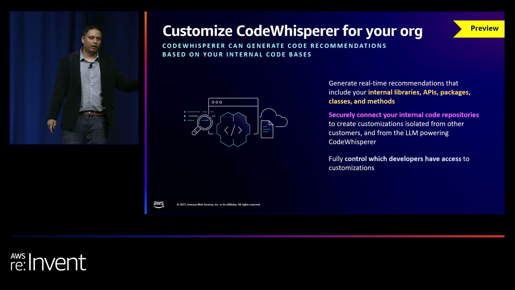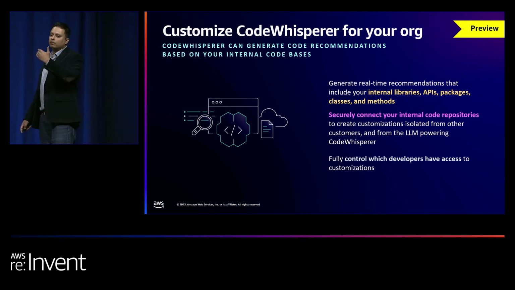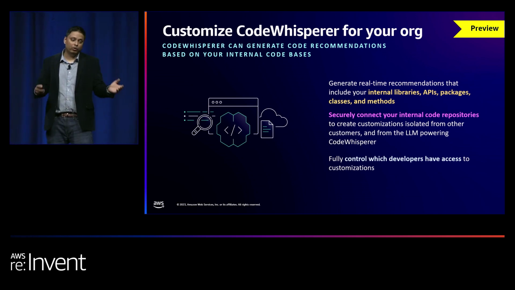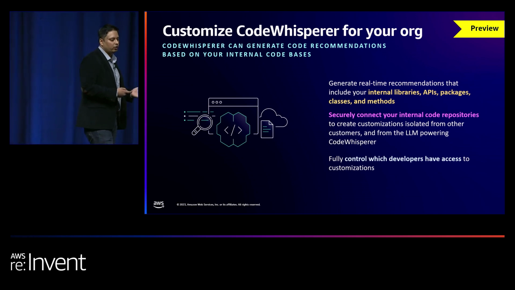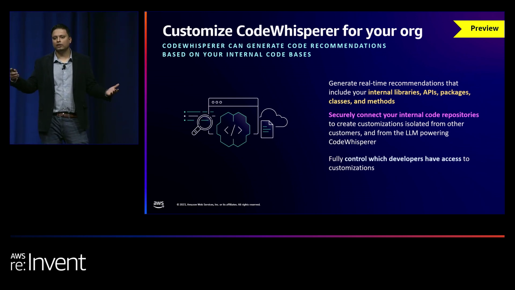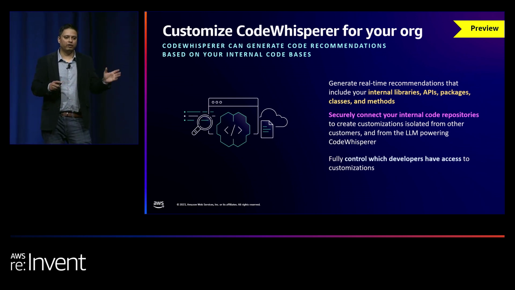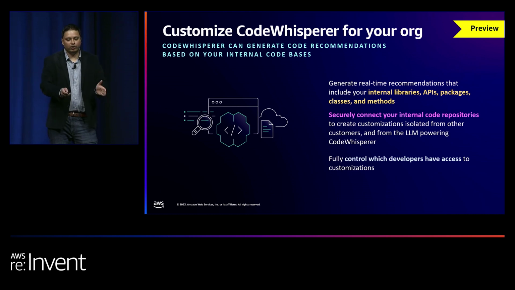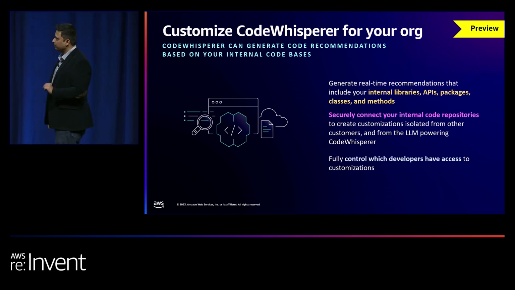You have JavaScript libraries that actually define how your UI should look. Or maybe you have data processing libraries internally. So you don't want to rewrite those things, or you don't want to accept something that comes from open source. That is how it is done publicly, right? You want something that looks very unique to your company. That is what customizing CodeWhisperer can get for you, right?